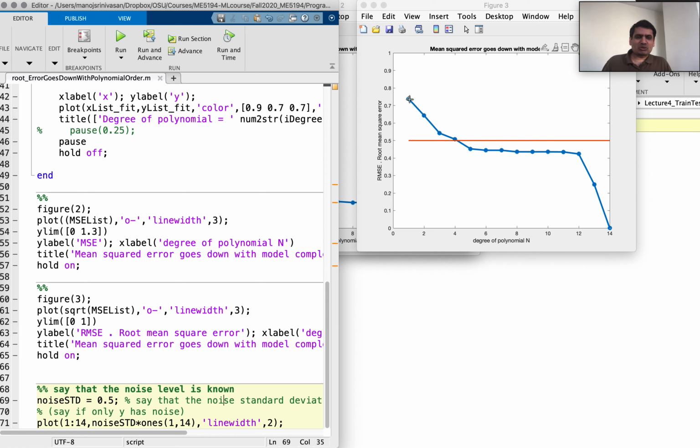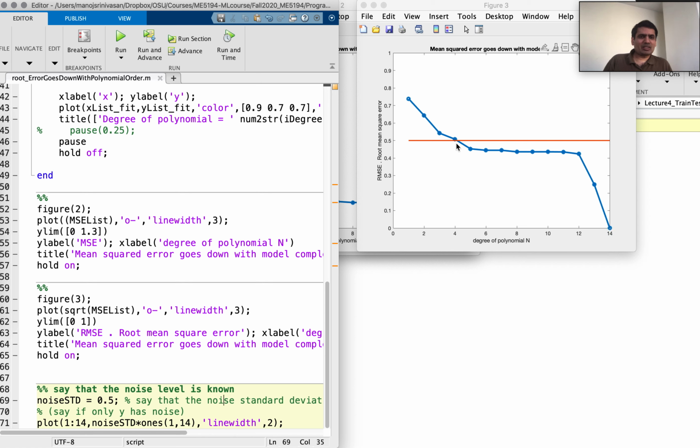And your root mean square error, namely the standard deviation of the difference between the model and the data, is higher than the noise level for linear, quadratic, cubic, and then basically equal to the noise level for fourth order polynomials, and then much smaller for fifth and higher order polynomials.